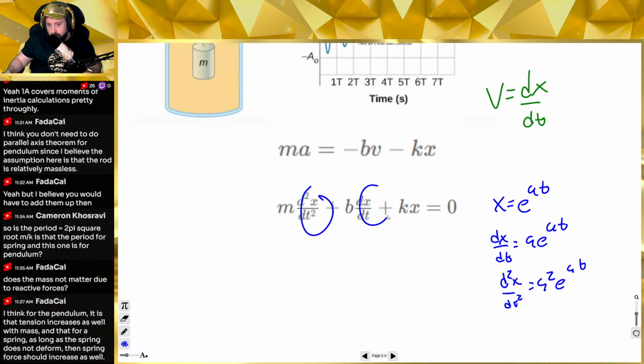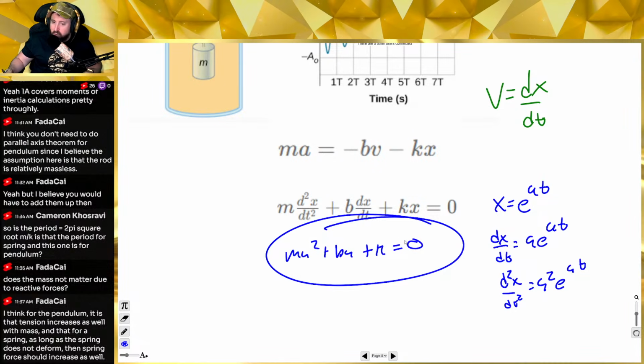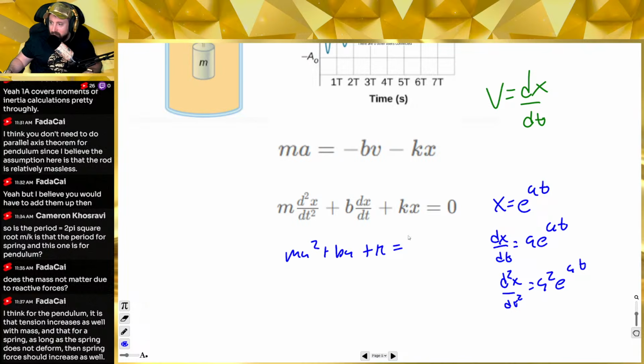When you substitute that in, you can cancel all the e to the at's, and you end up getting ma squared plus ba plus k equals 0, which is a quadratic. I'm not going to expect you to do this. You may do it in discussion, and if you want, ask me during office hours. I'll do this derivation. It's pretty cool.